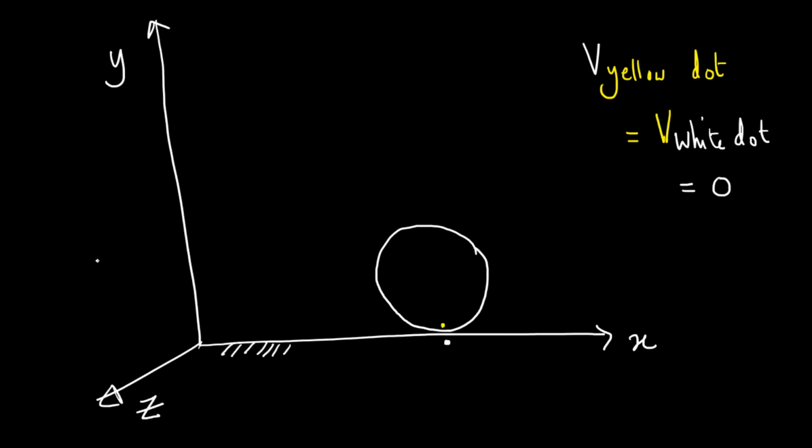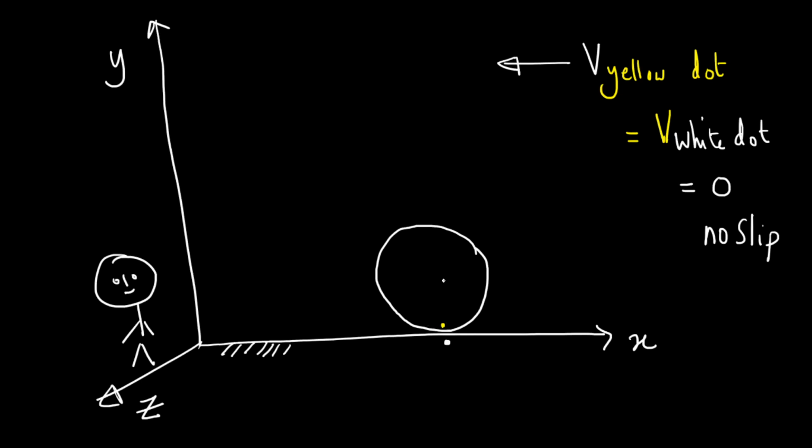So this observer is going to claim at that frozen instant of time that the velocity of the yellow dot and the white dot is equal, and that means no slip. So let's see what is the velocity of the yellow dot at that instant.